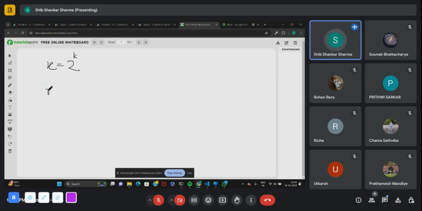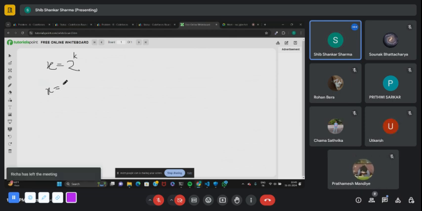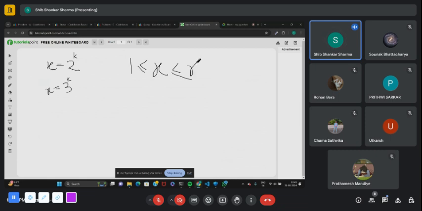and let's say someone else chooses x as a power of 3. Now the constraint is that this will be in between L and R, right? Let's call it K1, let's call it K2.